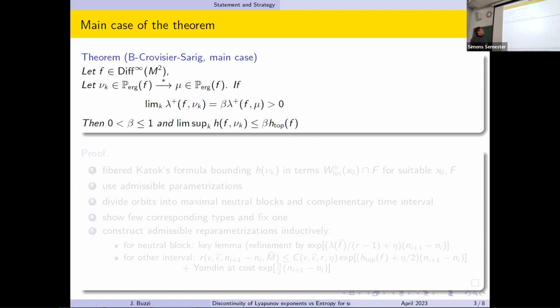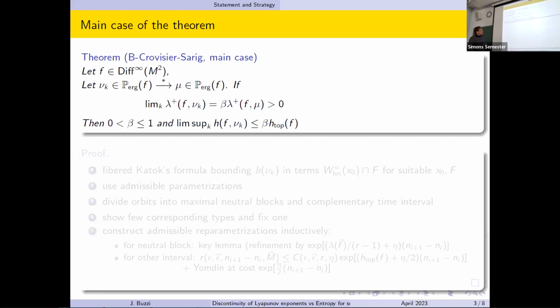You take a C-infinity smooth surface diffeomorphism, you take a sequence of ergodic measures that converge to an ergodic measure in the weak-star topology, and you suppose that the Lyapunov exponents converge, and by upper semi-continuity, they will converge to some multiple beta of the Lyapunov exponent of the limit. So upper semi-continuity tells you that beta is less than 1.